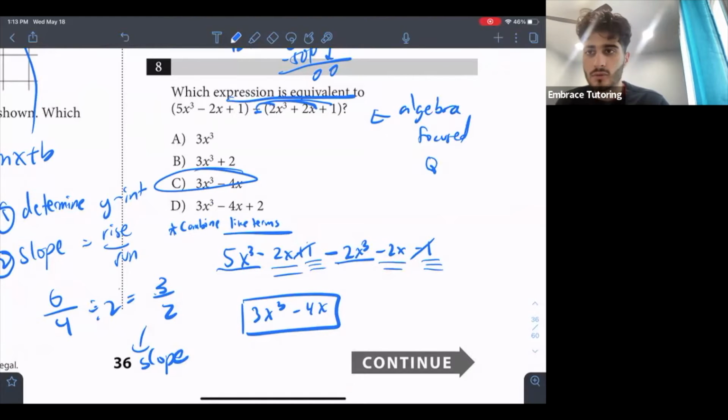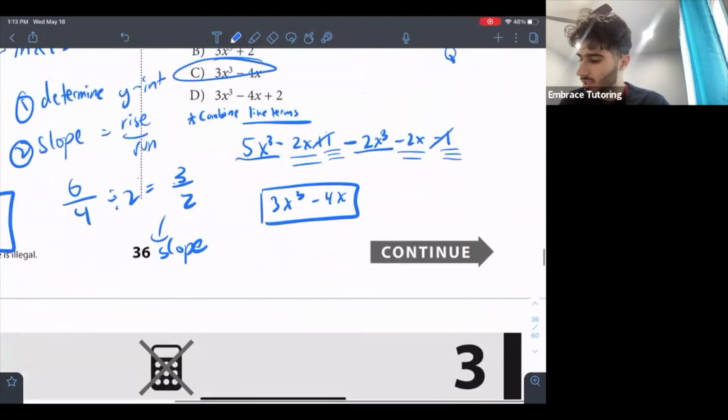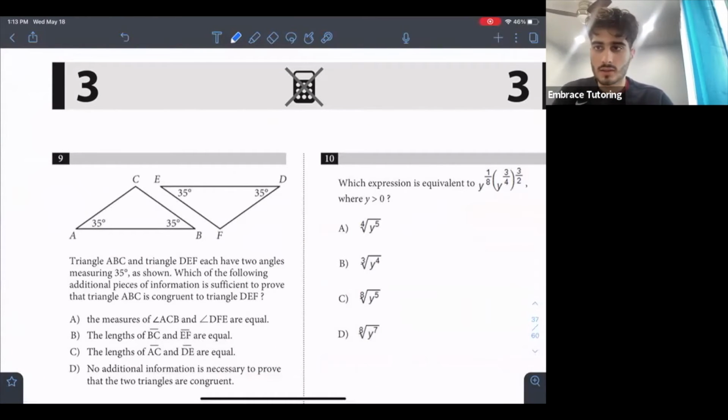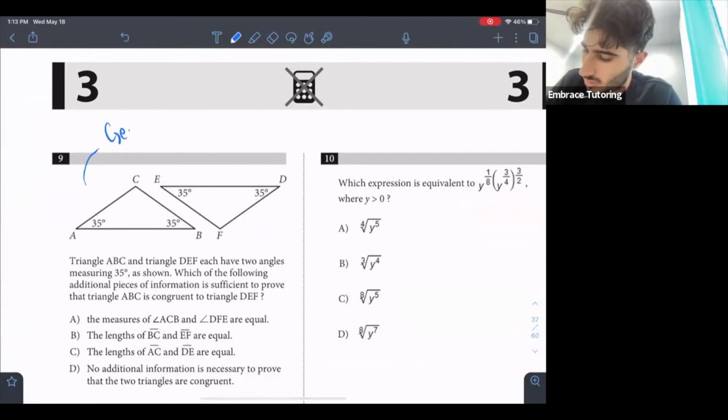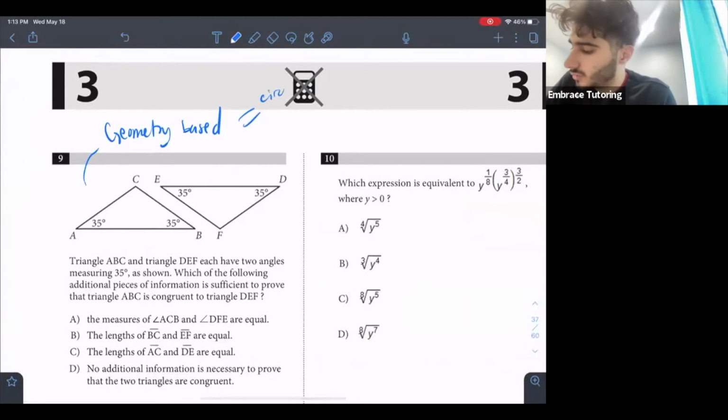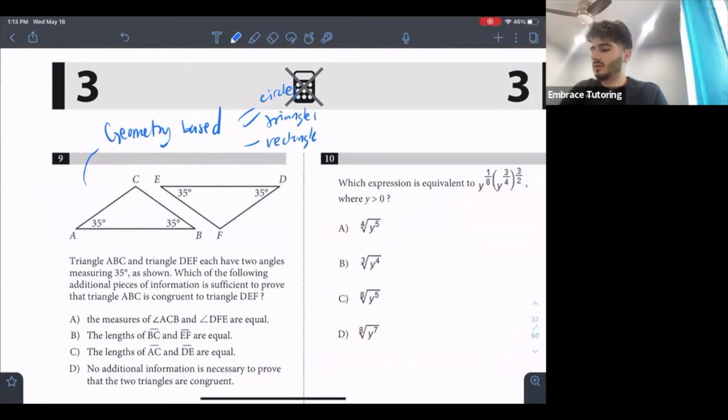And now we are moving on to question 9. This is geometry based. The SAT likes to ask a good amount of geometry questions with circles, triangles, rectangles, all the basic shapes and squares.